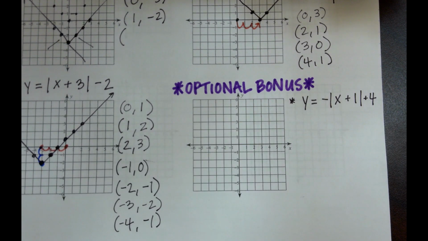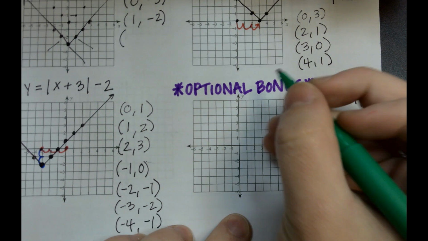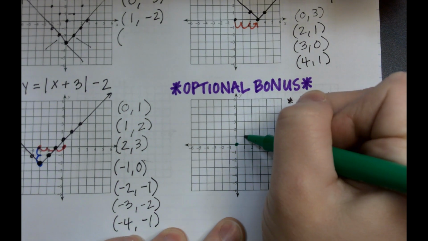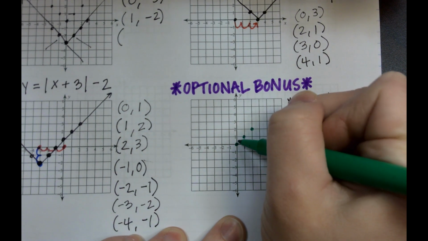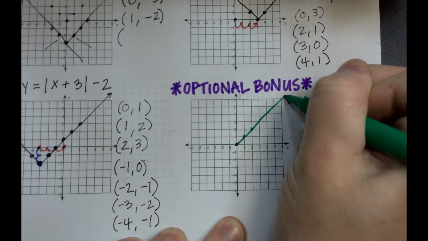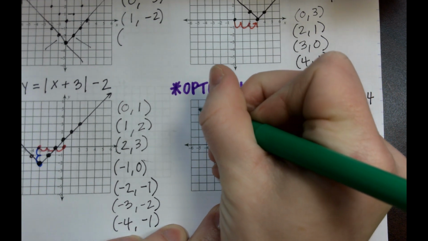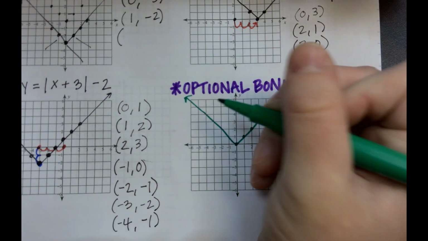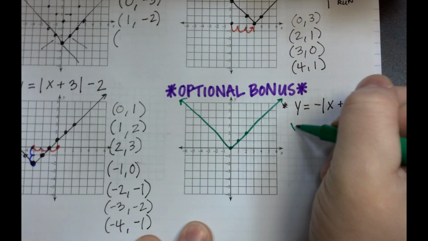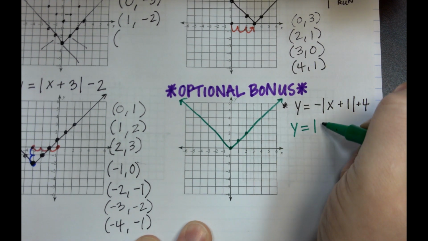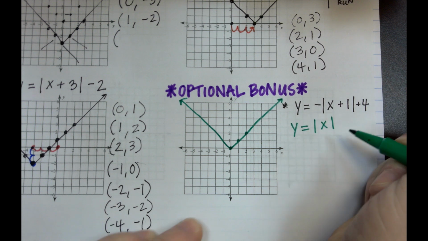Let's start with color. I'm gonna give my original equation like this, and then we're gonna do the transformation steps. So my green is showing me y is the absolute value of x.